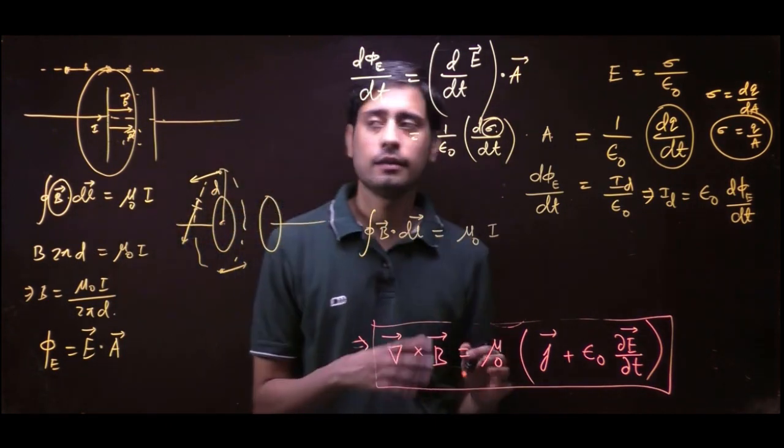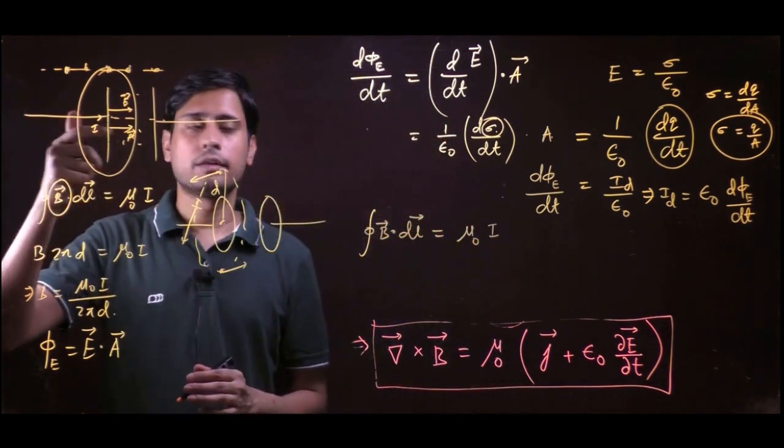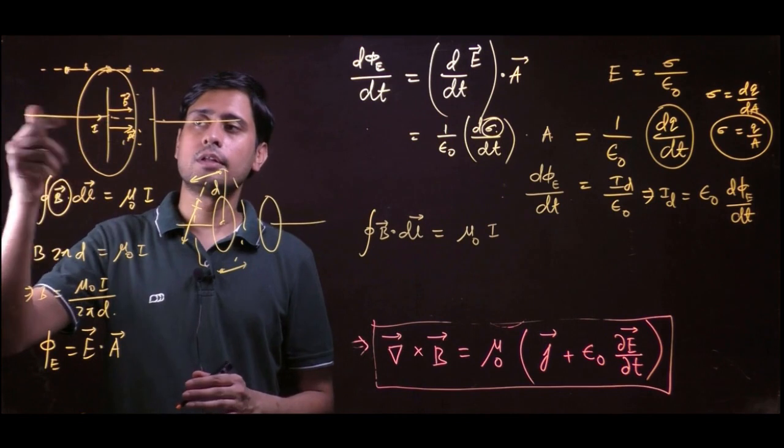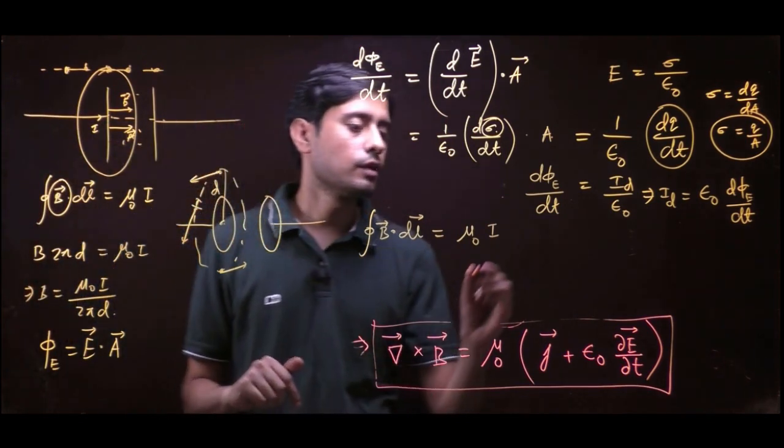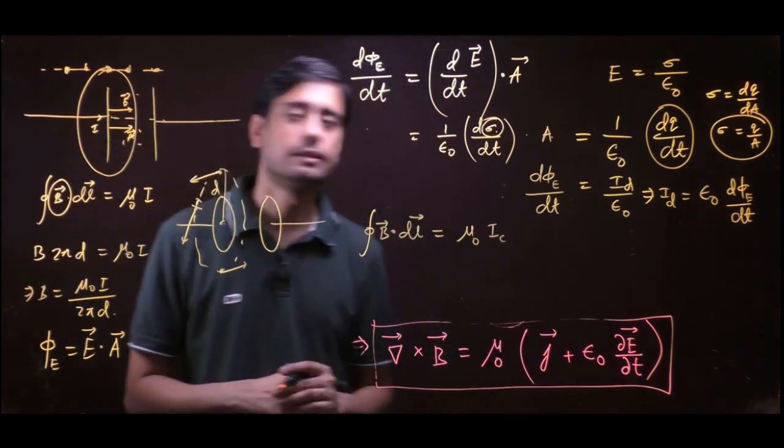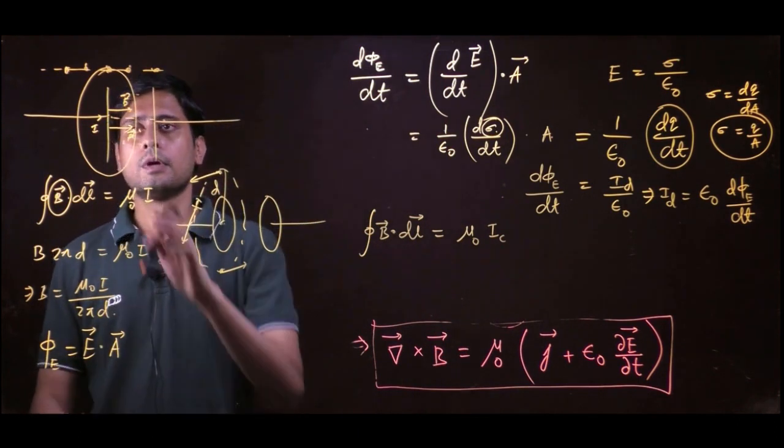Now this I is for the wire, the current flowing in the wire, so we will call it the conduction current, IC.